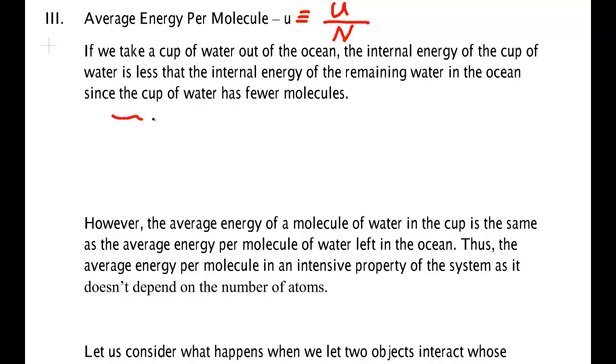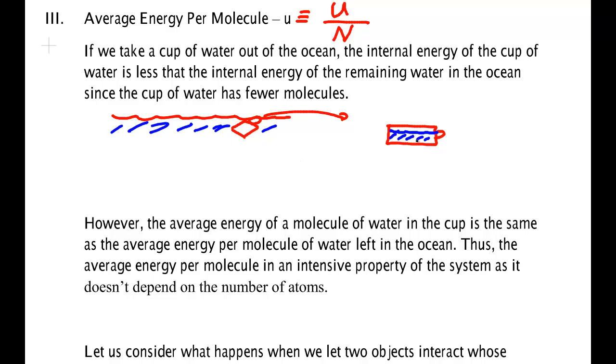So as an example, let's say that you had the ocean here, and you reached in here with some sort of a cup, and you pulled that cup out. So there's my cup now. And so now I've got water. The temperature of the water in the cup would be the same as the temperature over here of the ocean.